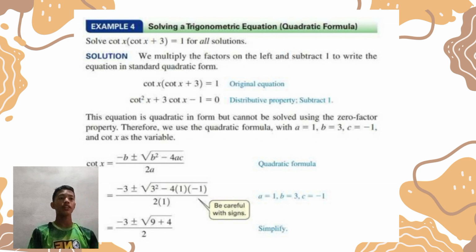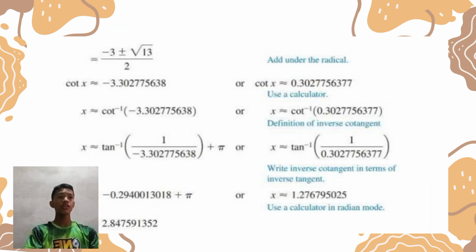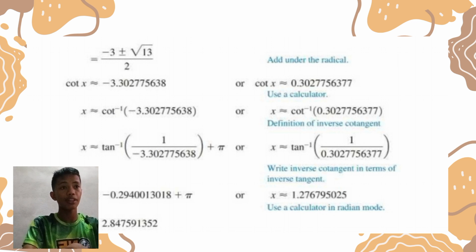We are using the quadratic formula again, so we have to simplify it. The answer would be negative 3 plus or minus the square root of 9 plus 4, over 2. Then we add the radicals. Therefore, the answer would be negative 3 plus or minus the square root of 13, over 2.